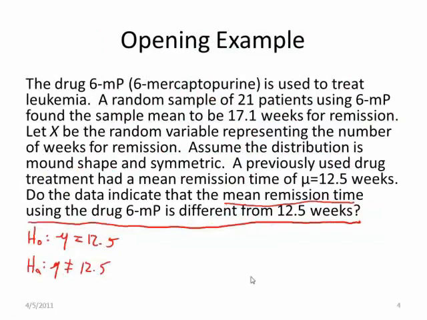So for this one, if we were to commit the type 1 error, remember, the type 1 error is saying that the mean remission time is not equal to 12.5 weeks, when in fact the remission time is 12.5 weeks.